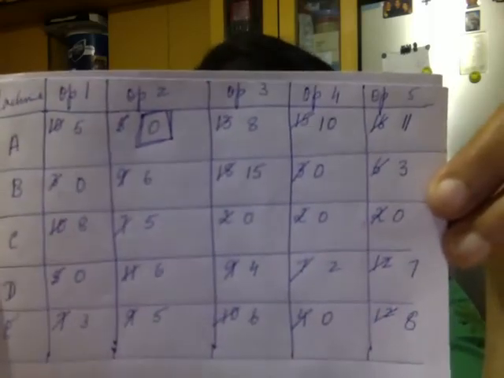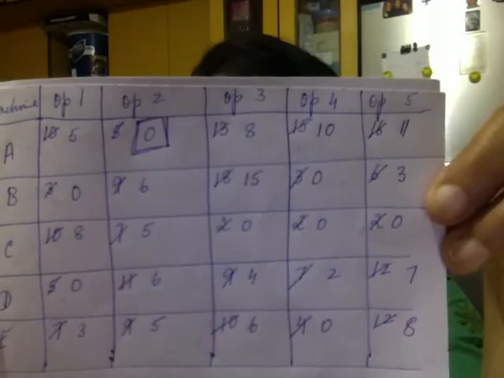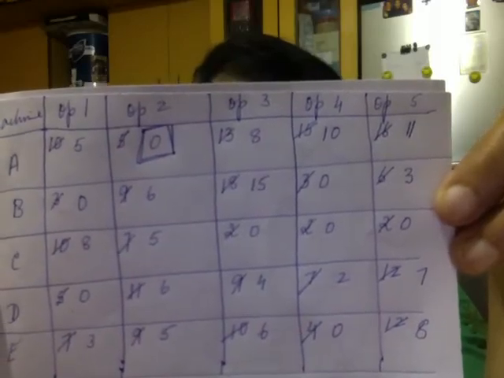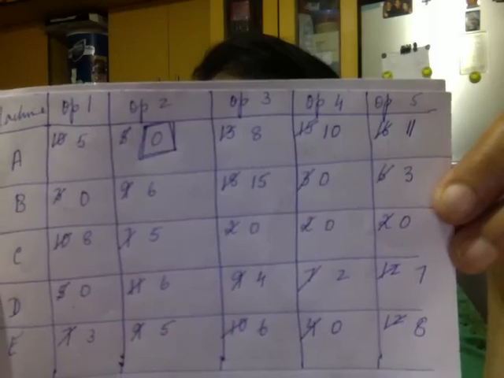You have two zeros. If you look at the next one also, can you do the allocation? You cannot allocate everything, isn't it? Can you do it? Try. B you can allocate to 1 or 4. C you can allocate to 3. Will we have a problem?